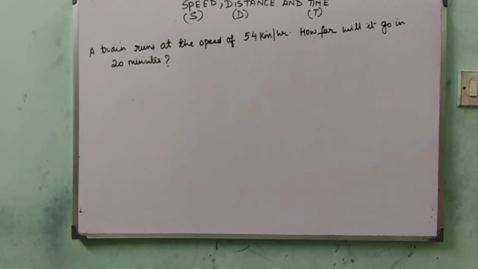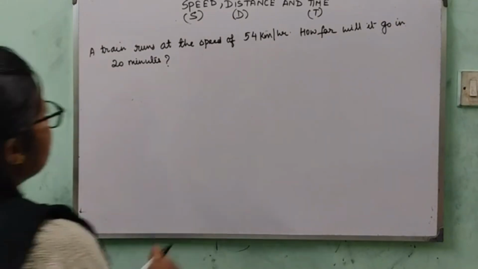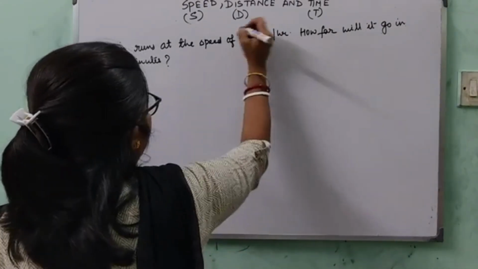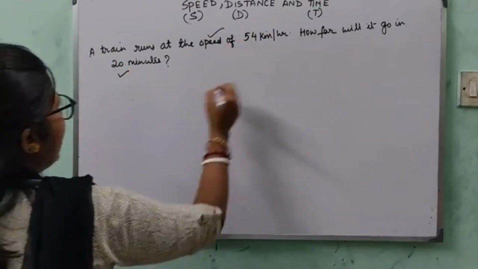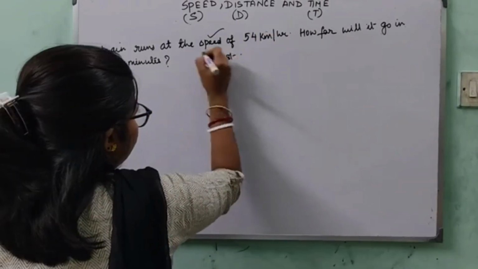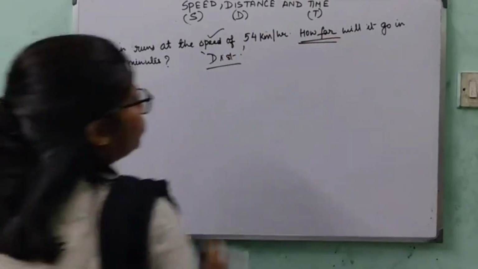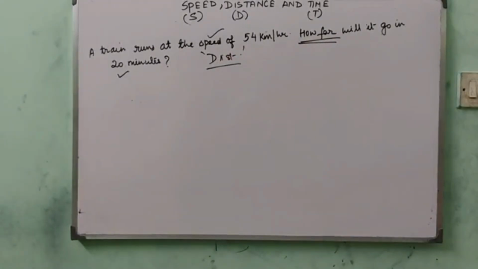How far will it go in 20 minutes? So I can see here in this sum, what do I have to find? I am given the speed, I am given the time. I have to find the distance. How far? So here lies the question. You have to find the distance.